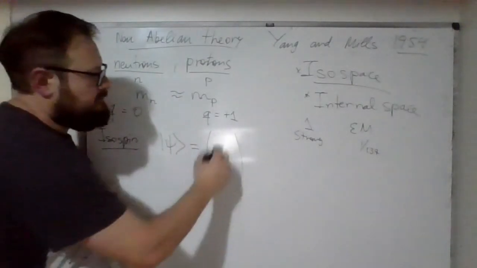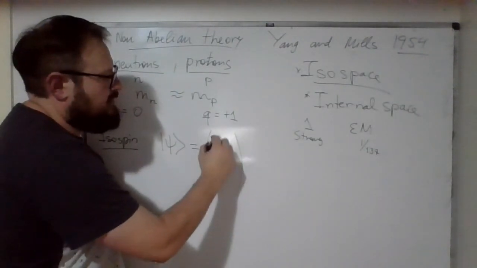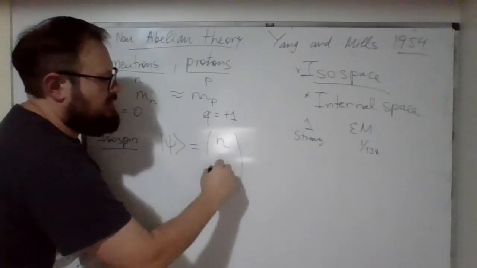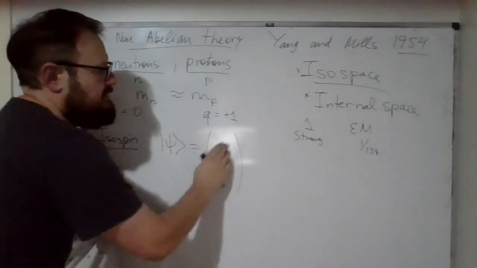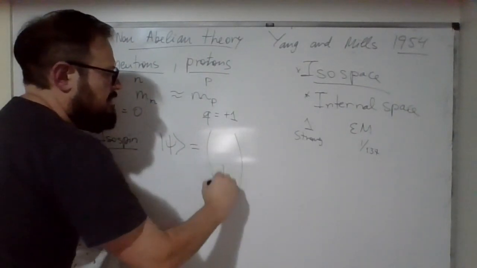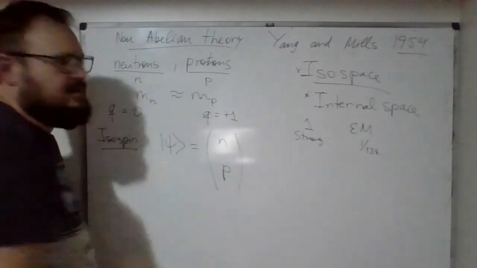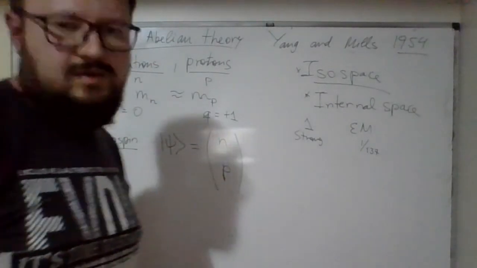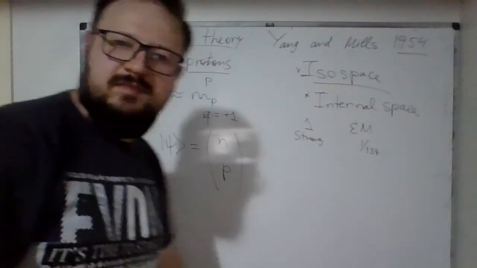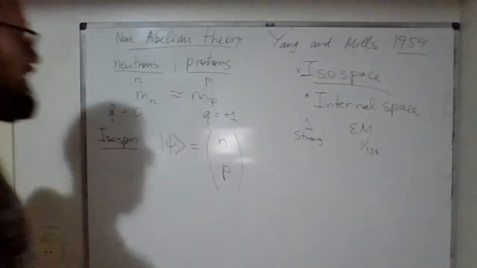And the Young and Mills, I don't remember if they put the neutron here and the proton here or in the reverse order, but it doesn't matter, because you can do both ways if you properly define things.